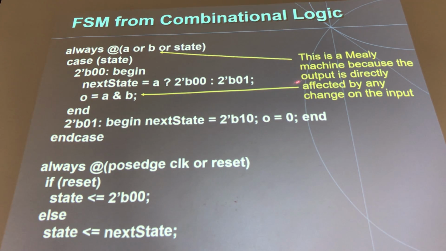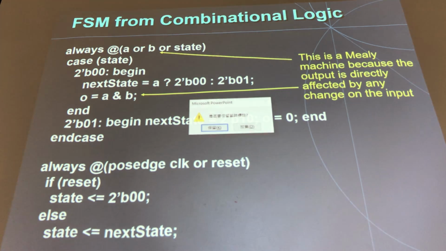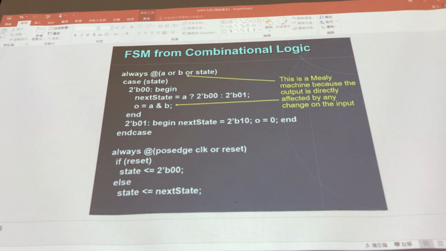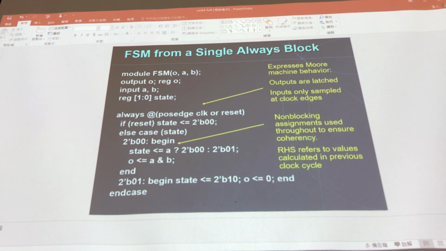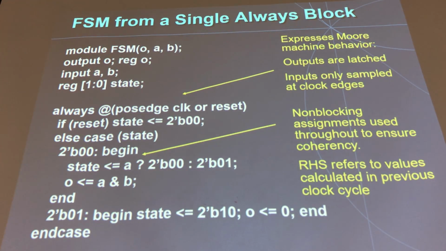For a Moore machine, the output depends on the current state only. This is for the Moore machine.